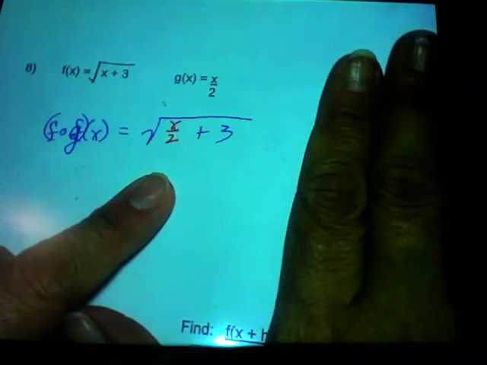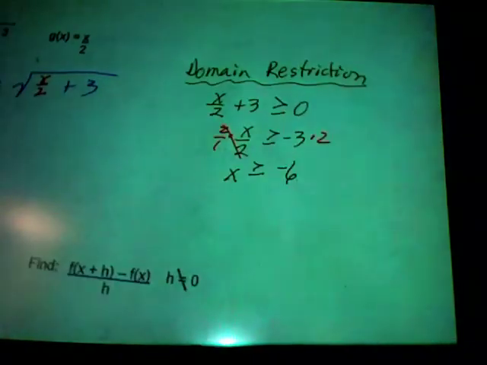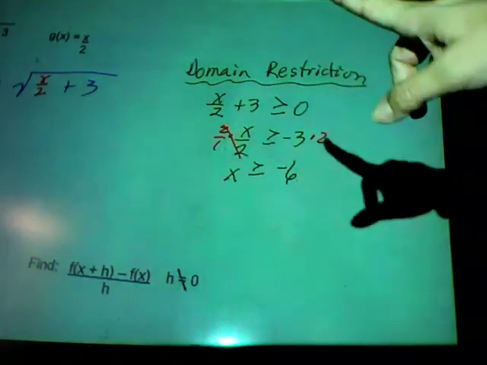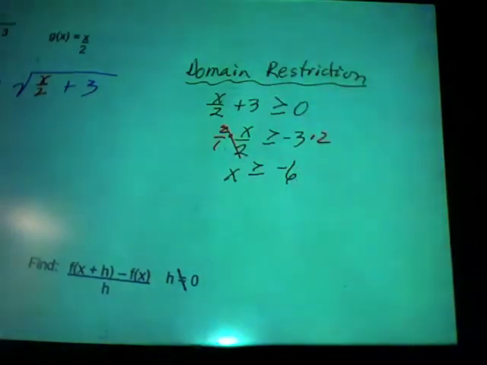Or 0. So your domain restrictions, you want to set what's underneath the radical greater than or equal to 0. Notice I took the radical away. We don't need it. I subtracted 3 and then multiplied by 2. And so x must be greater than or equal to negative 6 for your domain restrictions.